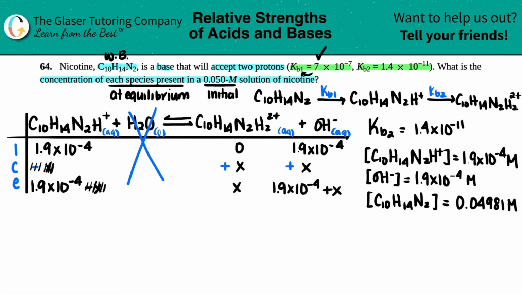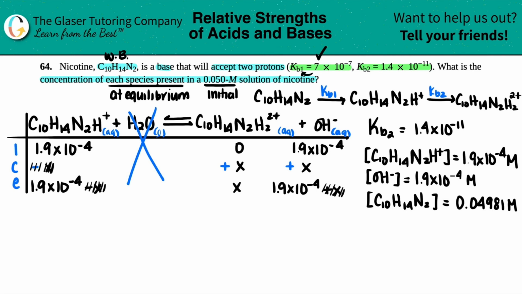And to make things even easier, this plus x, that change is not going to be great because anytime you minus x or you plus x, that's a change value. So we can get rid of this one as well. We can't get rid of this x value because if we did, we would have no x variable to solve for. So you just get rid of the minus x's and the plus x's.